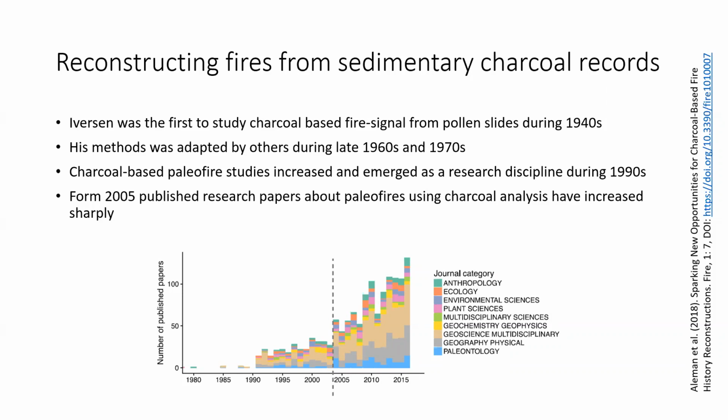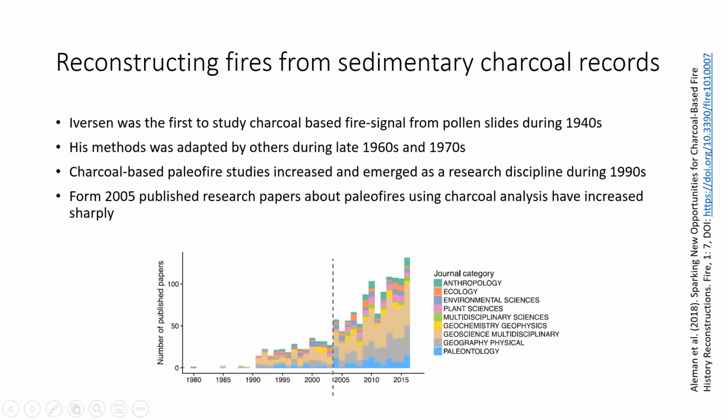And it took some decades before his methods were further adapted, and there started to be research counting microscopic charcoal with pollen in the 60s and 70s. And then in the 90s, there was a clear increase in fire studies based on sedimentary charcoal.